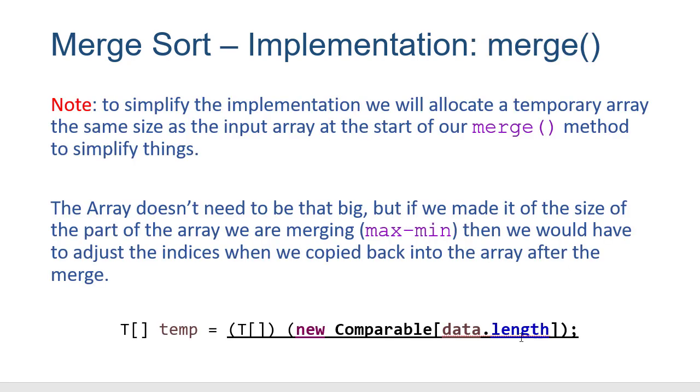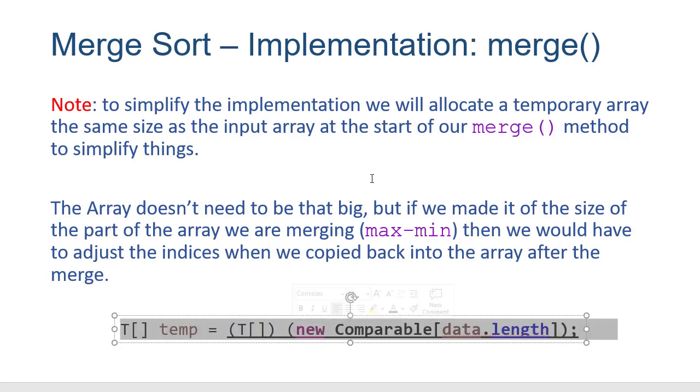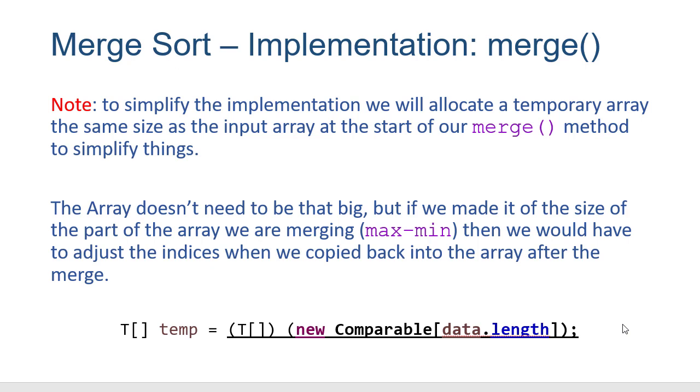In our implementation, we do actually create an array of comparable objects, and that's just to make our merge method easier to understand. If we didn't create this full array, then we would have to do some manipulation to map our temporary array's coordinate index back into the index of the original data array.